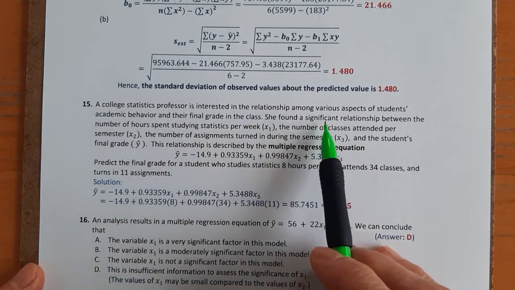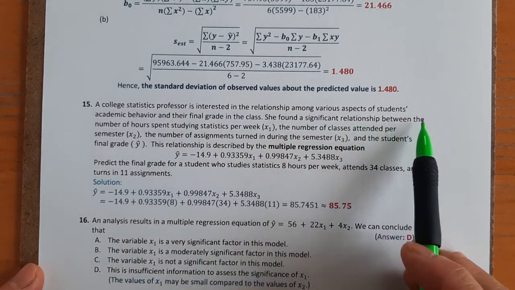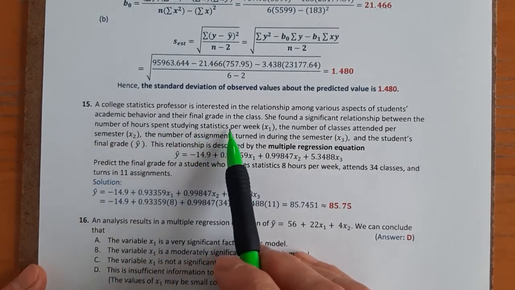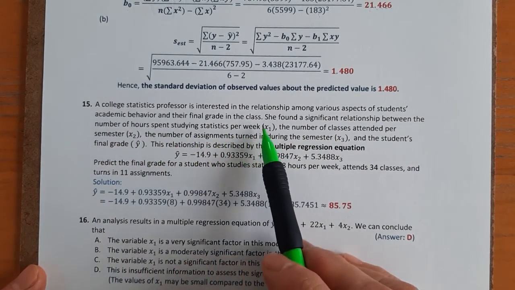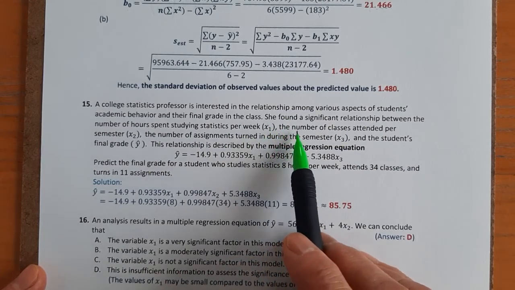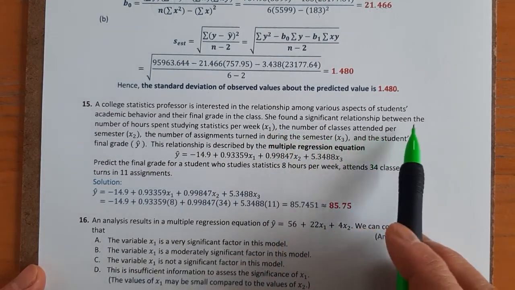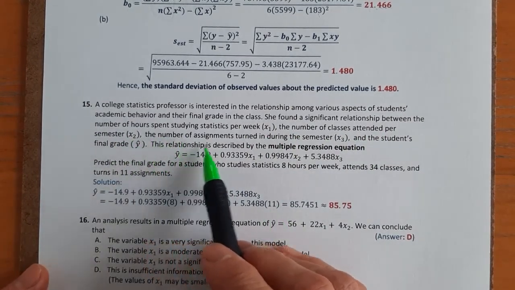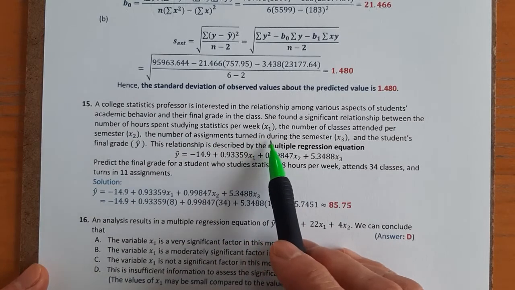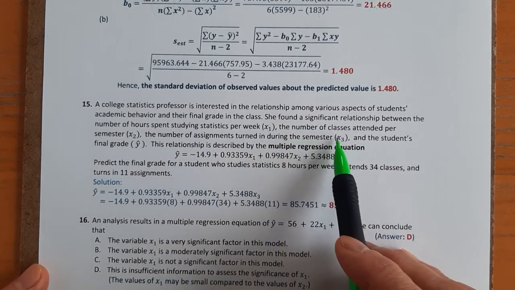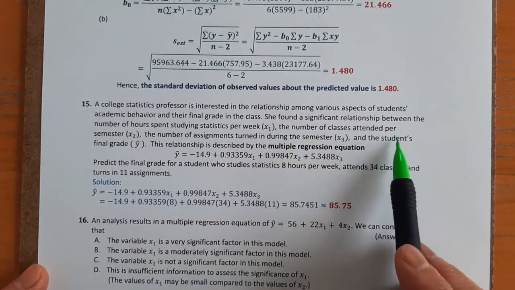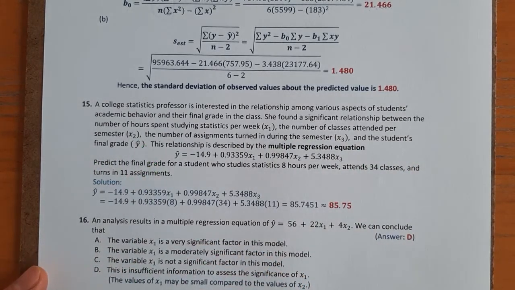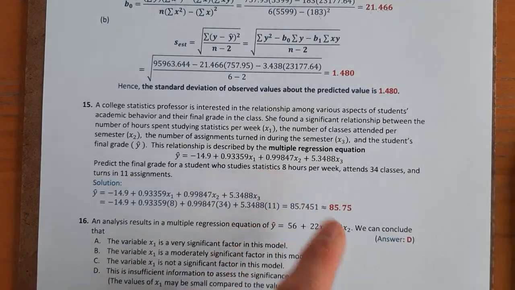She found a significant relationship between the number of hours spent studying statistics per week, which is x1, and the number of classes attended per semester, which is x2, and the number of assignments turned in during the semester, which is x3, and the student's final grade is y hat. And this relationship is described by the multiple regression equation.